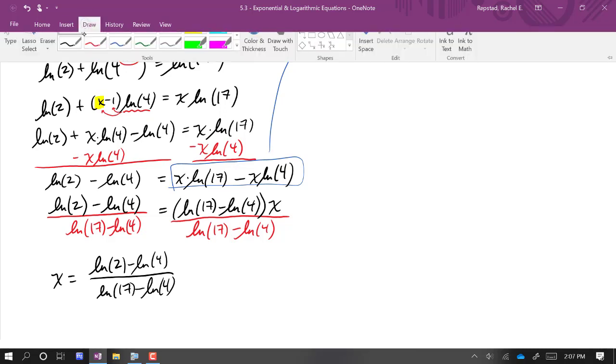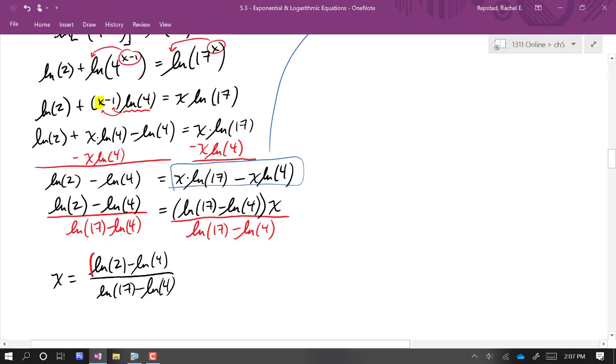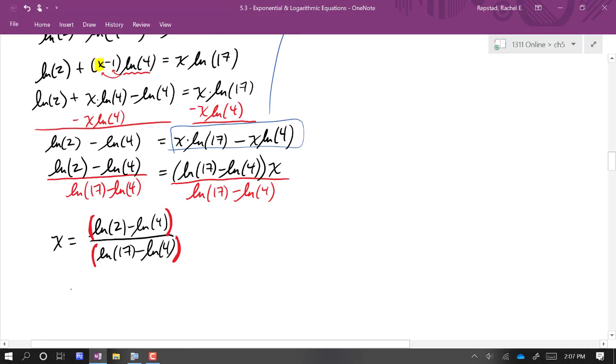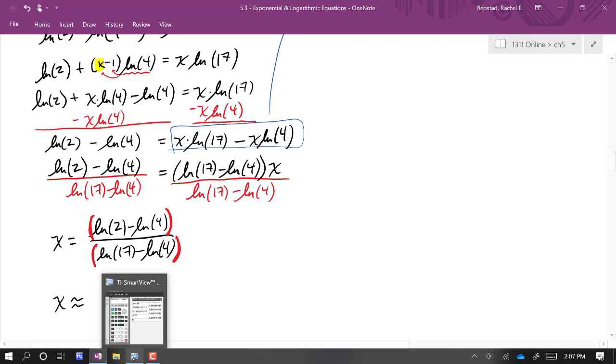If you want to put it in the calculator in this form, you just have to make sure that we put parentheses over the top and parentheses around the bottom. And then also be careful to close the parentheses of each log.